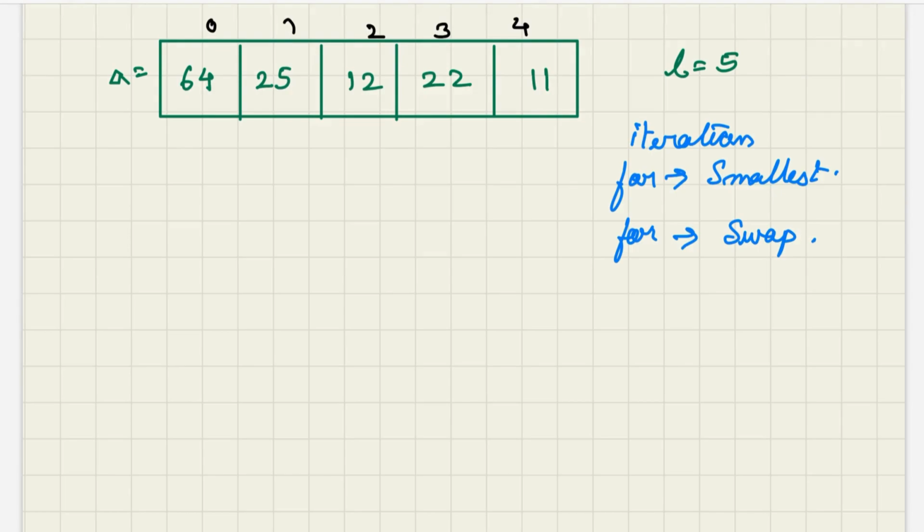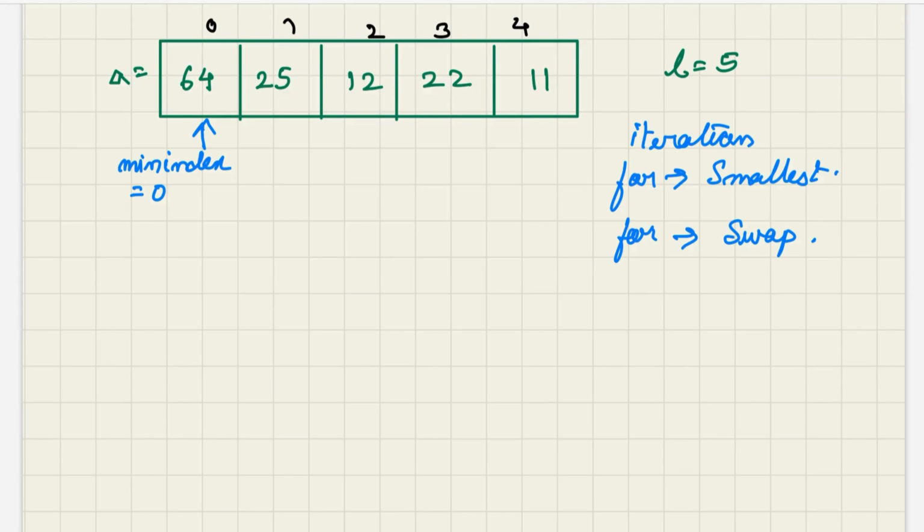So let's say this is our i and we are assuming that this is our minimum index. Whatever value we have in this particular index is our minimum.